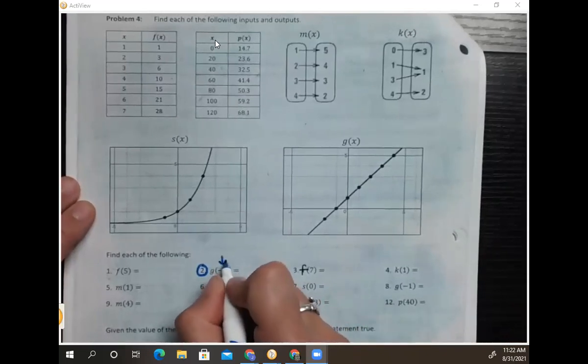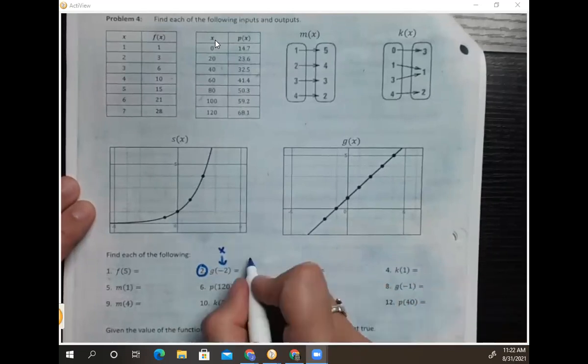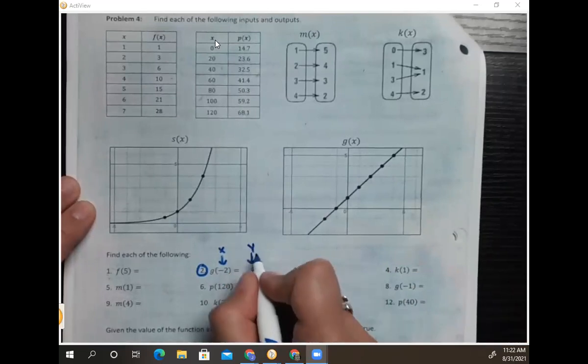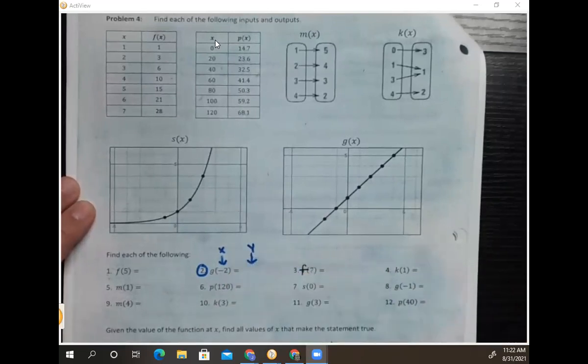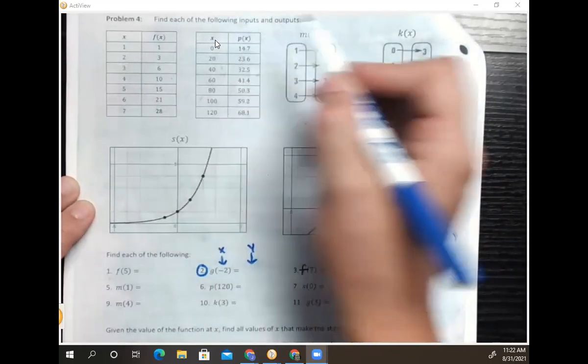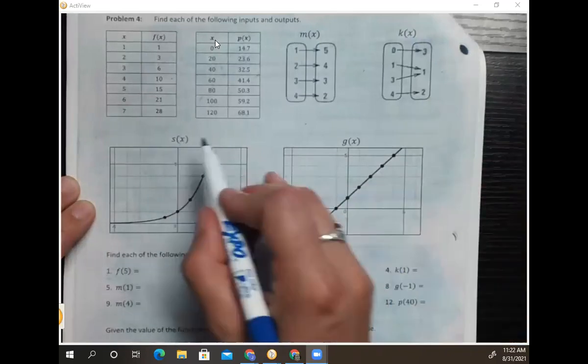Remember that the number in parentheses is always our input, or our x value. And then what we get out is our output, or our y value. So which of these is function g? The second graph. Yep, g of x, they're all labeled: f of x, p of x, m of x, k of x, s of x, and g of x.